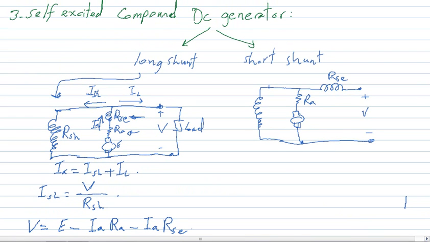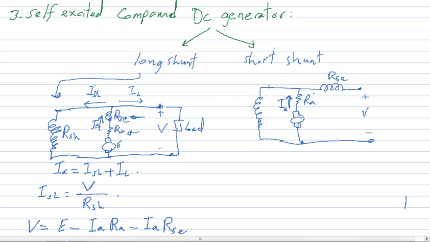Compound DC generator long shunt. What about the short shunt? In the short shunt, the armature current flowing out of the armature winding is no longer equal to the series current that is flowing through the series field winding.